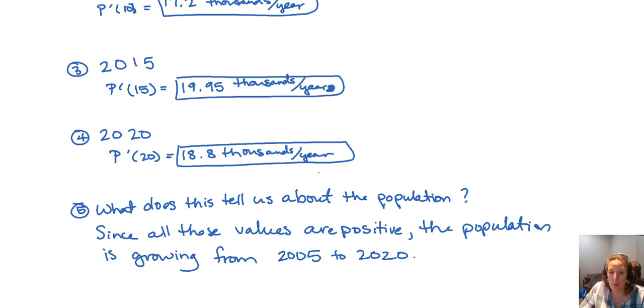Beyond that, we don't know. If we had gotten any negative numbers, that would mean that it was going down at that point. But since all of these numbers are positive, that means it is increasing the entire time.